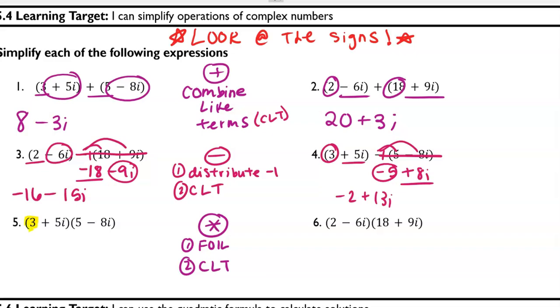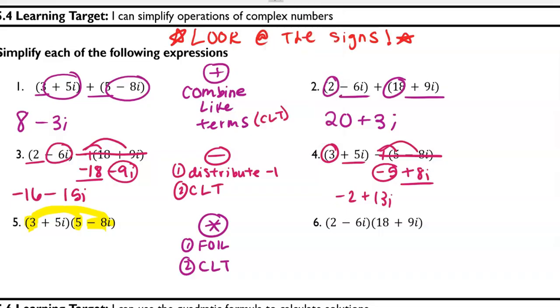Let's talk about that. When we multiply four terms inside parentheses, we start with the first term, and we're going to distribute it to the first and the second set of parentheses, and then to the second in the second set of parentheses.